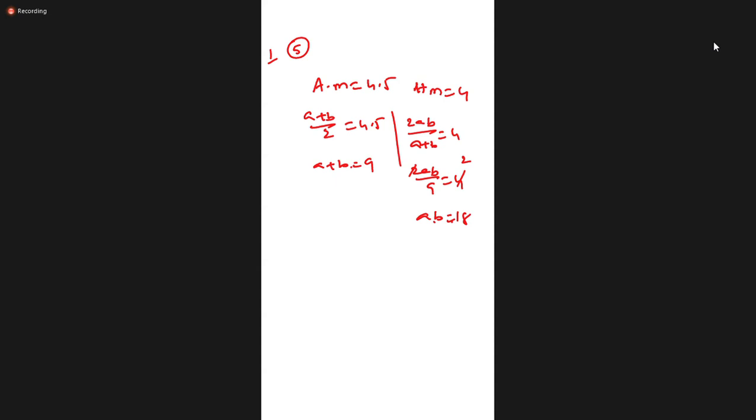Solve this one to find a value. Solve this equation and this equation. Find a value, b value.